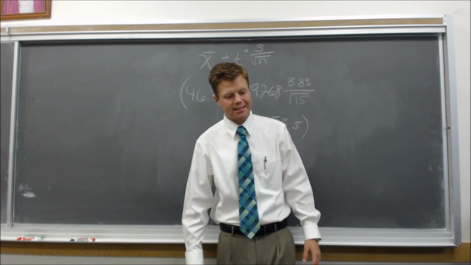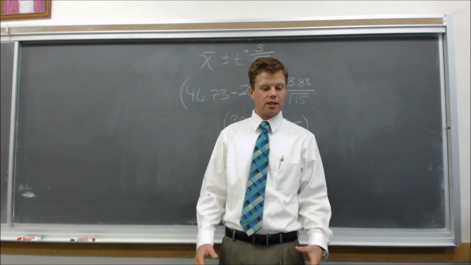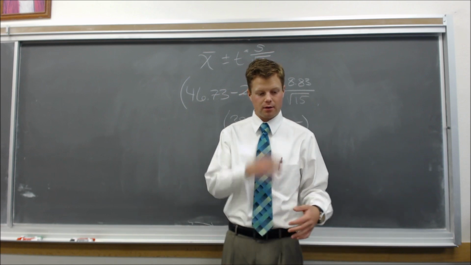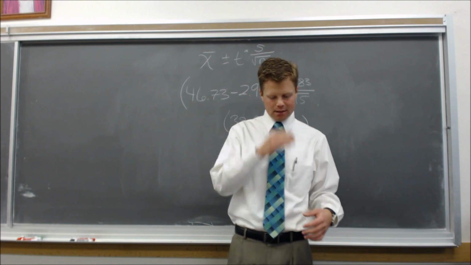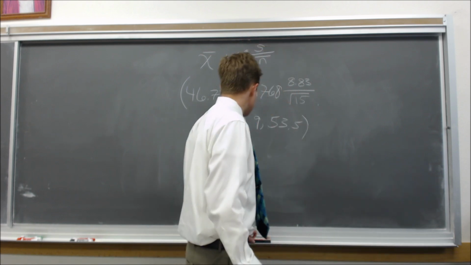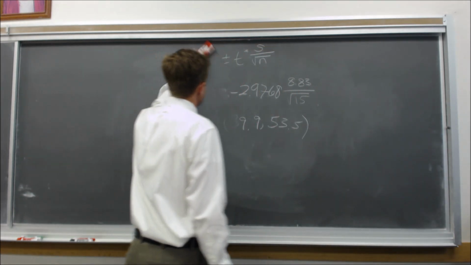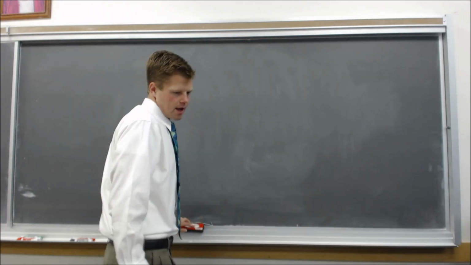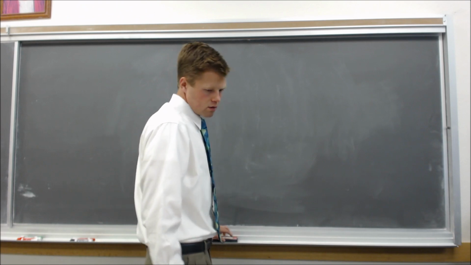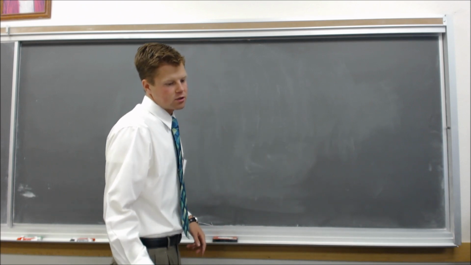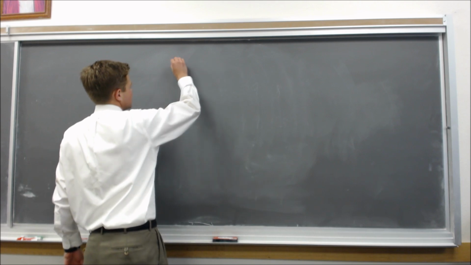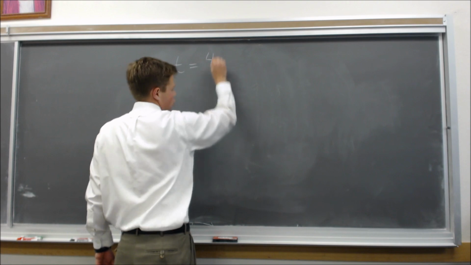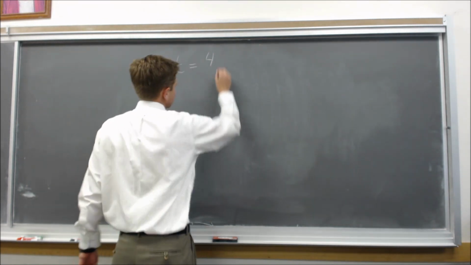B says compute the test statistic. First compute it using the formula and showing your work below, then check this test statistic by inputting the data into the software. Okay, so we are now going to work through this t-score. Okay, so remember our formula. We have our x bar, which is 46.73.